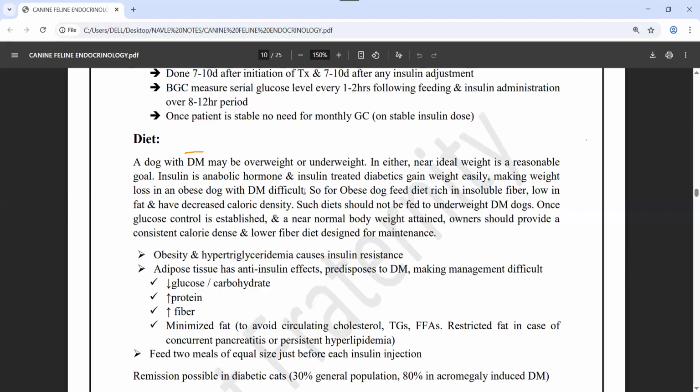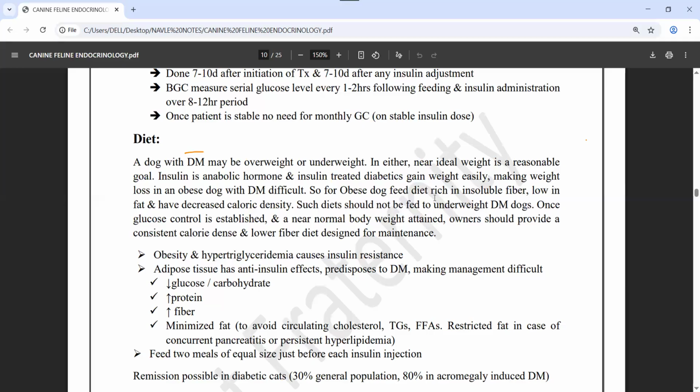So basically, when you start treating the animals, if the animal has low weight, it's easy for it to start to gain weight. But if it is an obese animal, you have to treat it with insulin, but you are also worried about the obesity of the animal. That situation is tricky, because along with injecting insulin, it's difficult for the animal to lose weight.